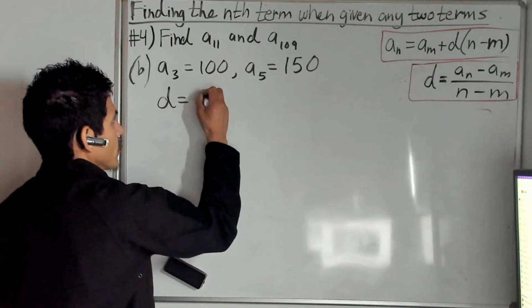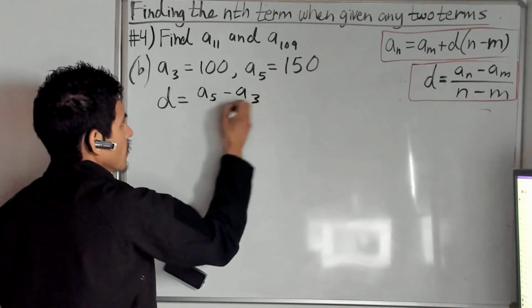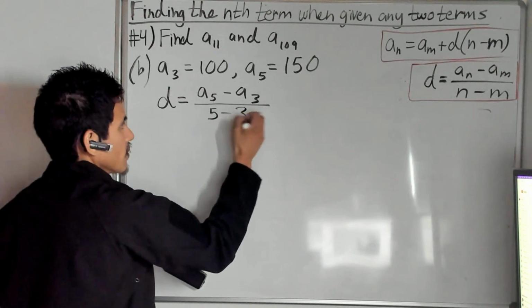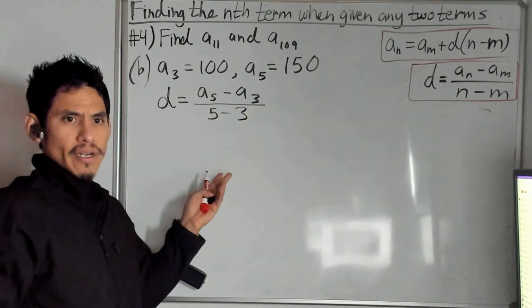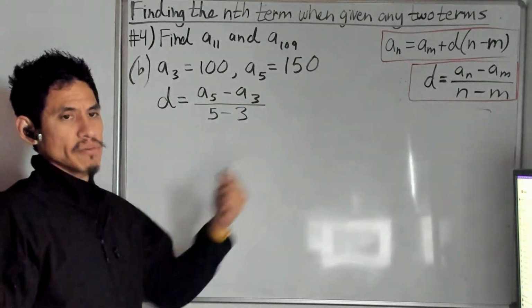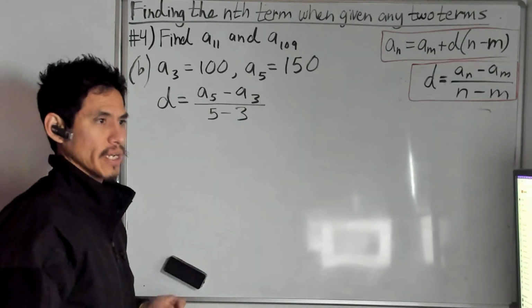Let's have A5 be our AN minus A3, over 5 minus 3. And again, always try these on your own first once you think you got it. So pause the video and then unpause it once you want to check. That way you make sure that you're really getting this stuff down.